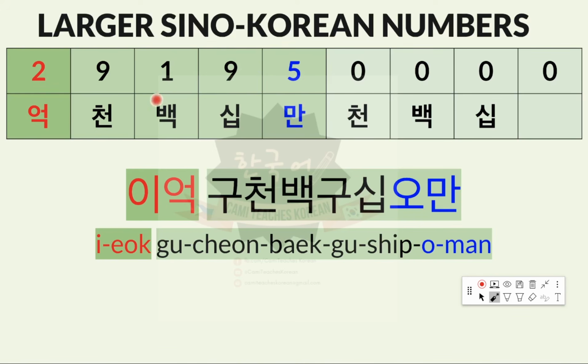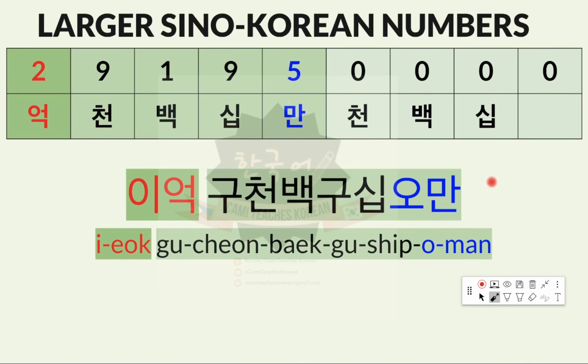Sorry. Ako din confused na ako. So, guchon, bek, guship, oman. There we go. So, this is 291,950,000. So, 291 million po ang laki. Iok, guchon, bek, guship, oman.